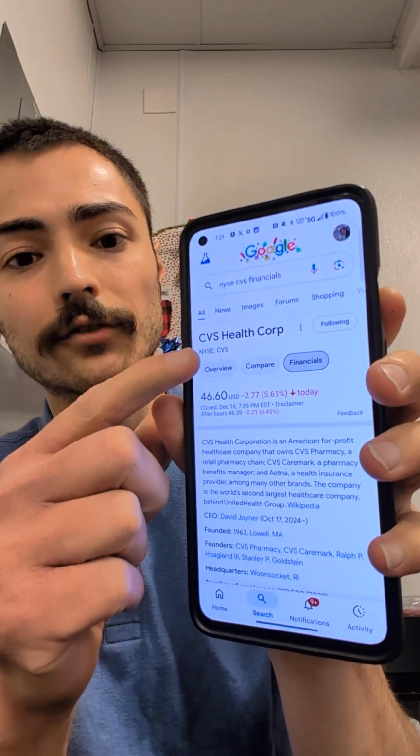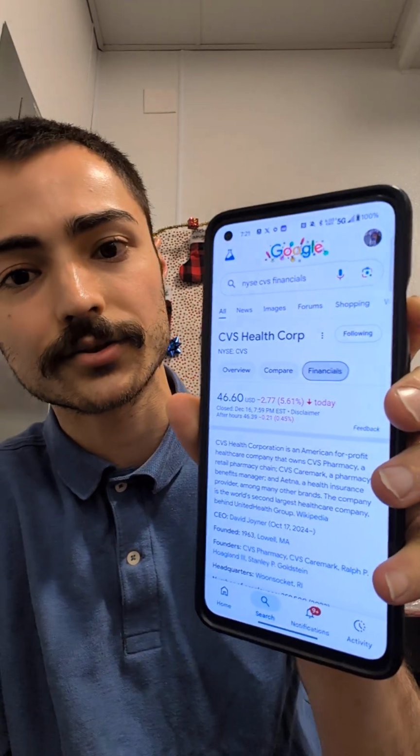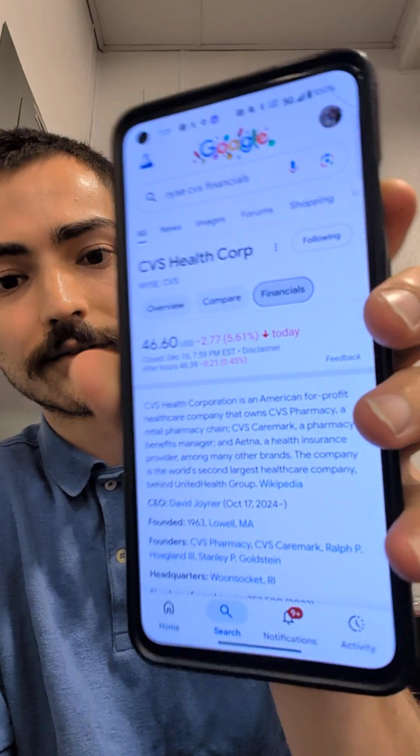So I went from overview to compare to financials, and when I was reading this description of CVS, I found out that it's part of a Wikipedia description, but I see the company is the world's second largest healthcare company behind United Health Group. So what I like about United Health Group is they've got 440,000 employees.